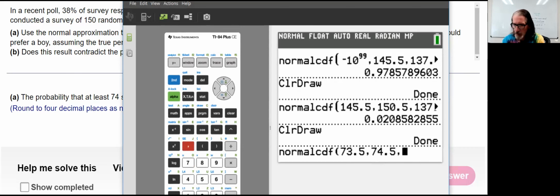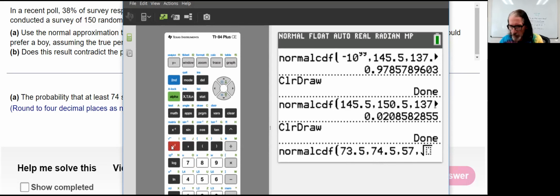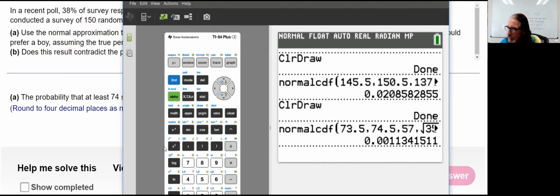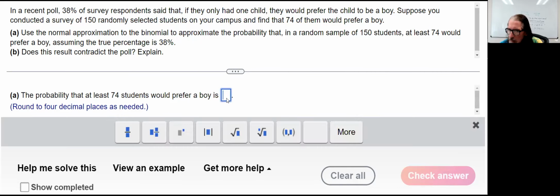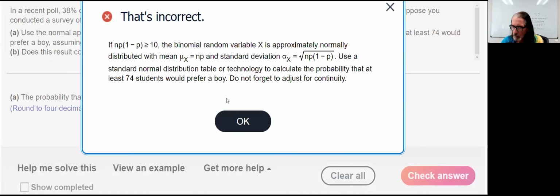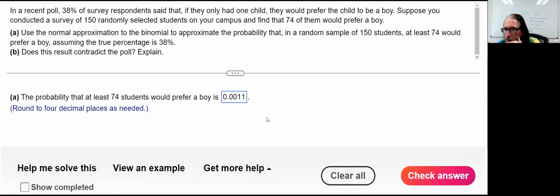A mean of 57 and a square root of 35.34 for the standard deviation. So that would round down to 0.0011. Let me check my calculations.